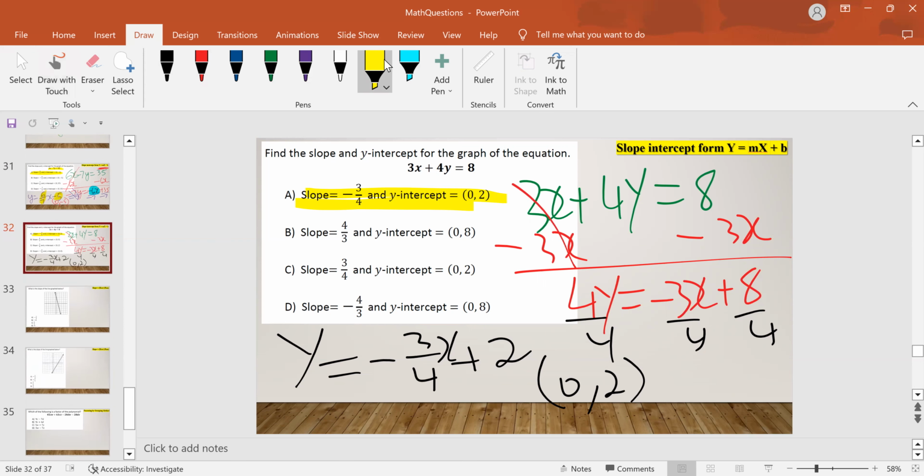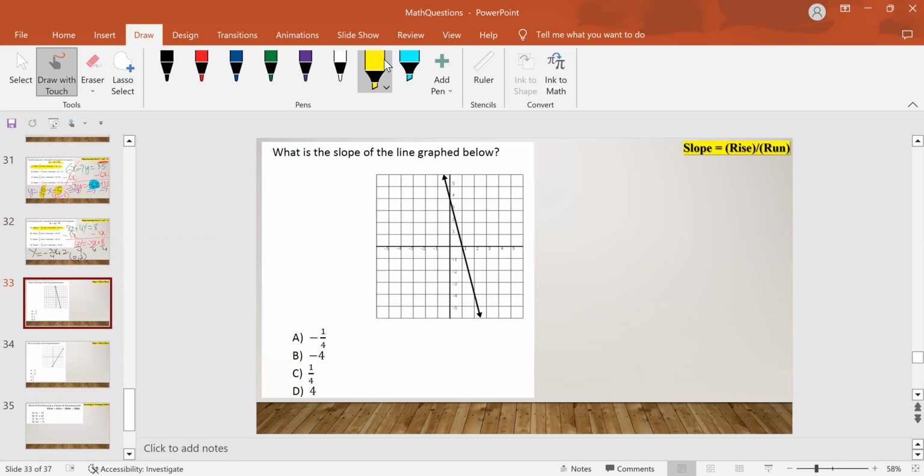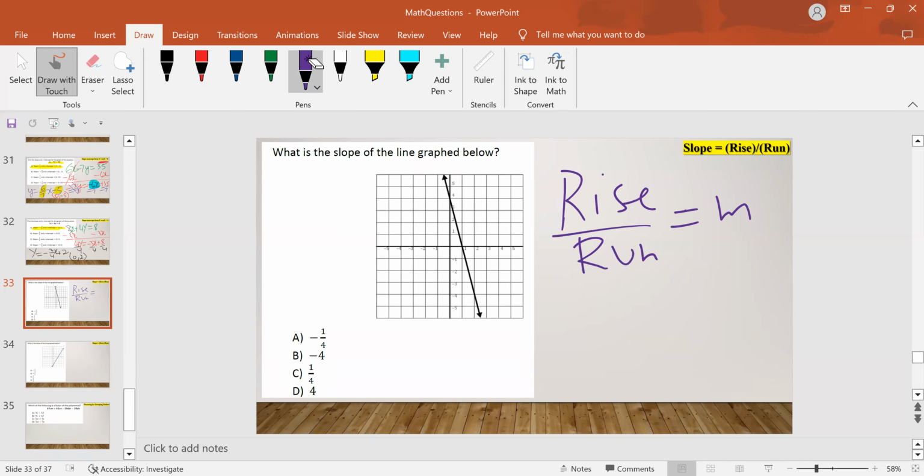Okay, what about this one? What is the slope of the line graph here? So here, we're going to use rise over run. To go fast, we use rise over run for our slope. We're going to find 2 points. I can find the first point here and the second point here.